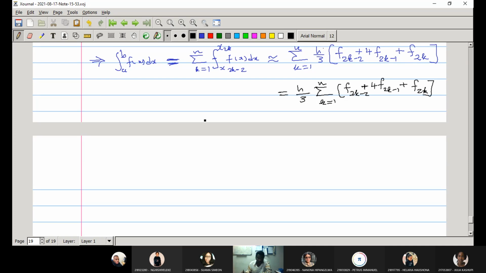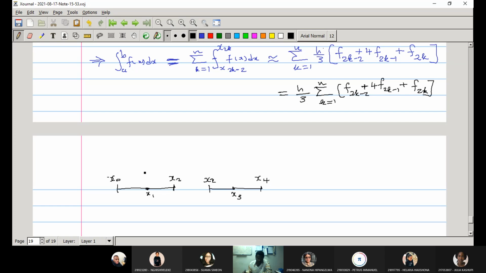So if we take 2 inner points here, we have the first subinterval, this one. We have x0, we have x1 here, and then this is x2, right? And then the next one, this x2 will be the first point, and then we have x3 here, and then x4, right?